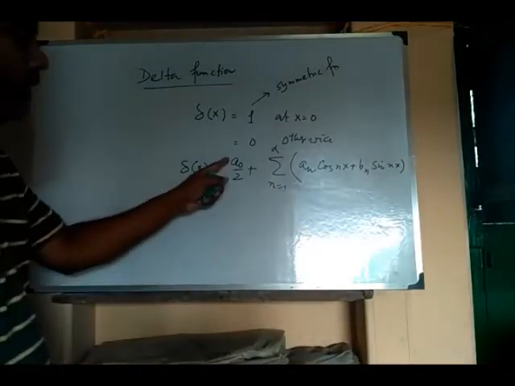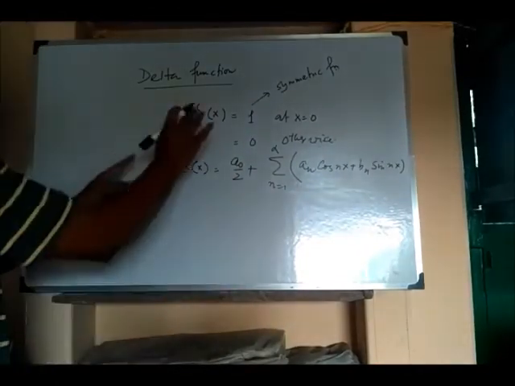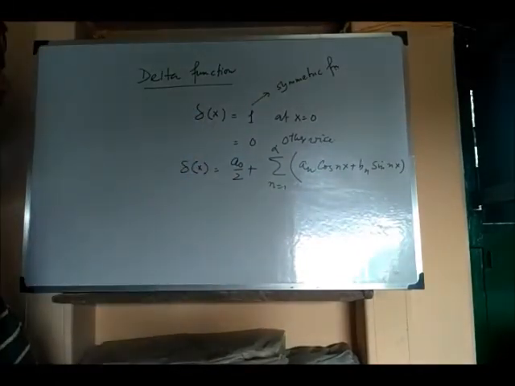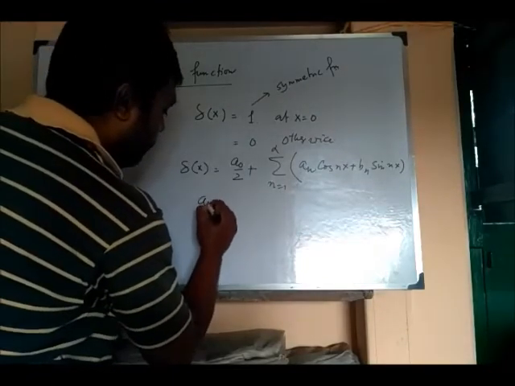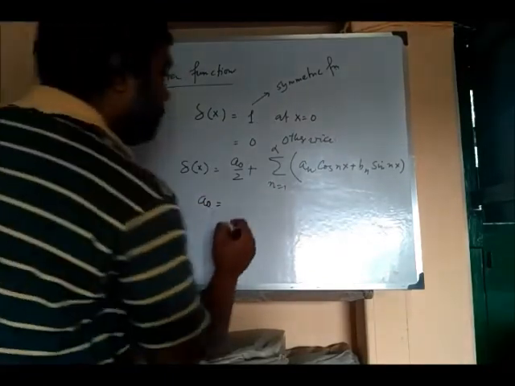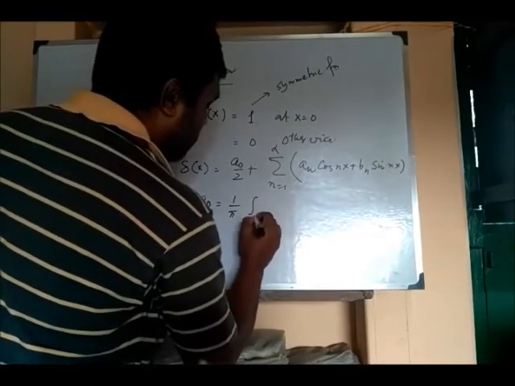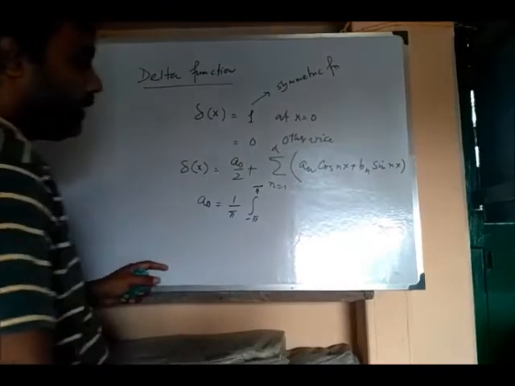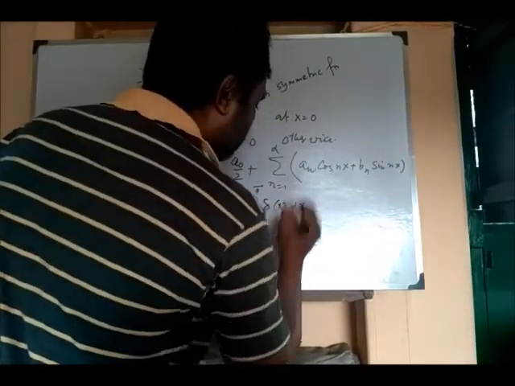Now you have to calculate a0, an and bn from the definition of this delta function. So a0 will be 1 upon pi integral from minus pi to pi of delta x dx.